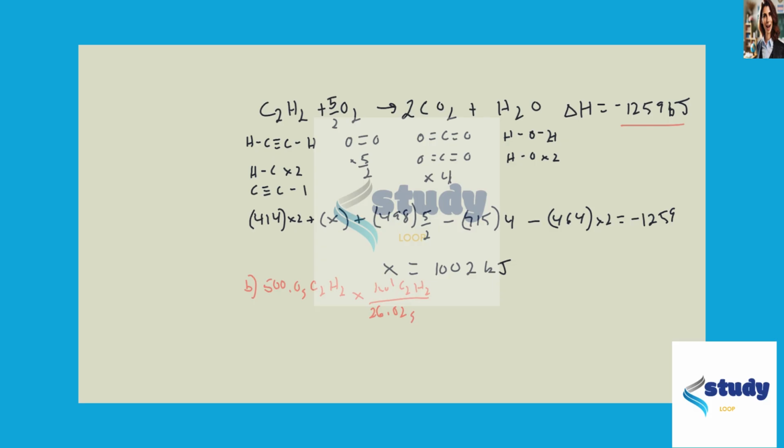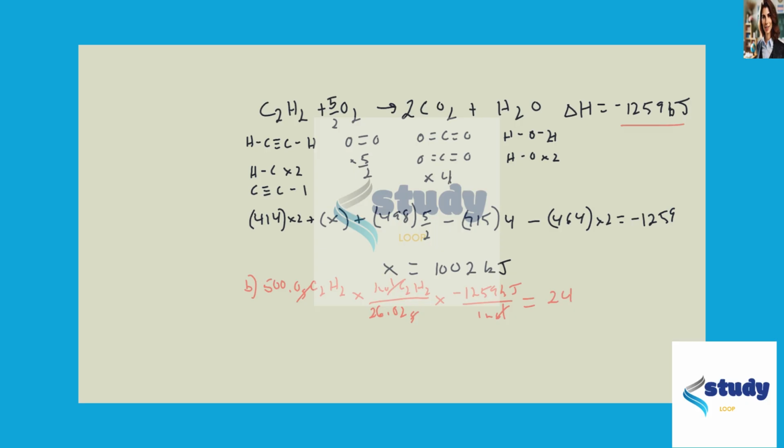That gives me the moles of C2H2. And then I'm going to multiply it by a negative 1259 kilojoules for every mole.